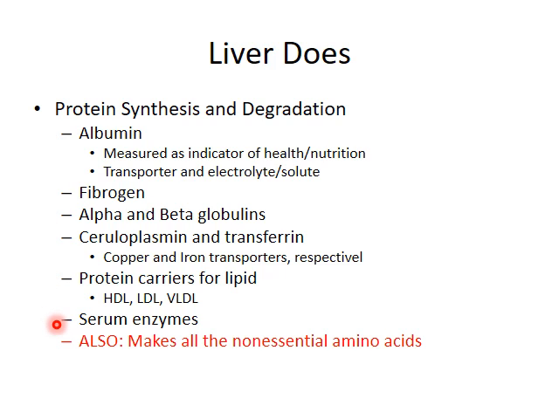We've got our serum enzymes, and those of you that have been in the nutrition class know the liver makes all the non essential amino acids. It can create those 10 different amino acids and use them to build things. We'll also mention that it rips proteins apart if we've got defective proteins floating in the plasma.